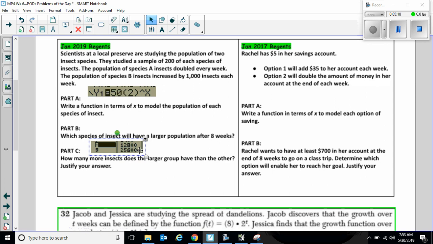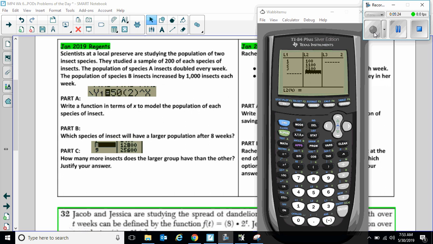Now let's consider the other function. Welcome back. For population B, we also started with 100, and each week we add 1,000. So week 2 would be 1,100, and week 3, 2,100. Let's figure out what this would look like as an equation.